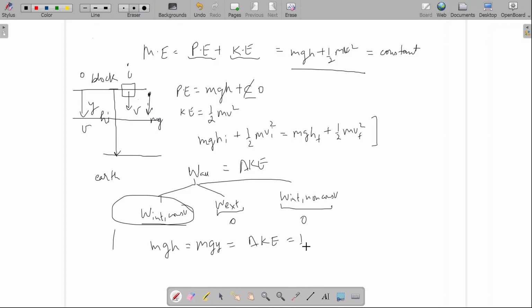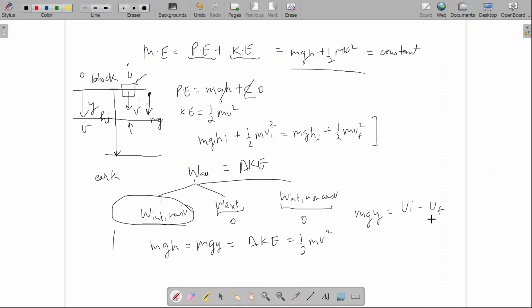So this should be equal to half m v square. So we can write mgy as the initial potential energy minus the final potential energy, and we can say that the block is losing gravitational potential energy, so its initial potential energy was higher and final was lower.